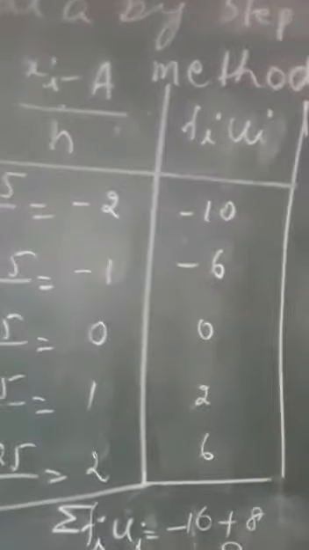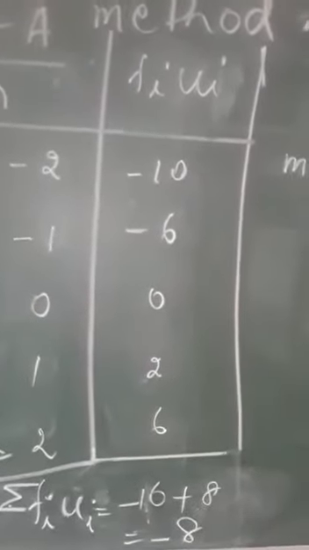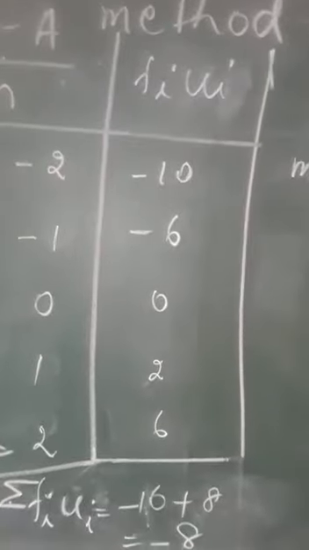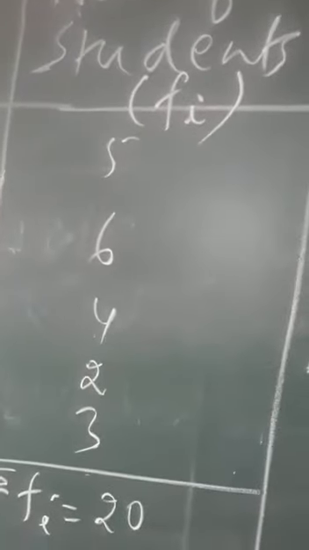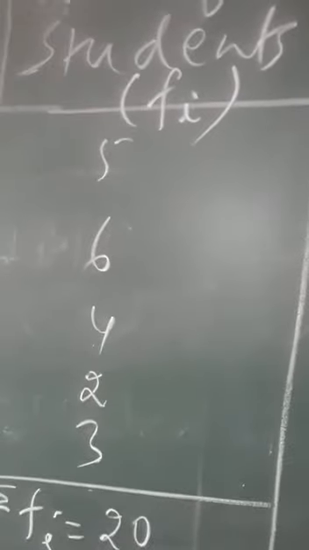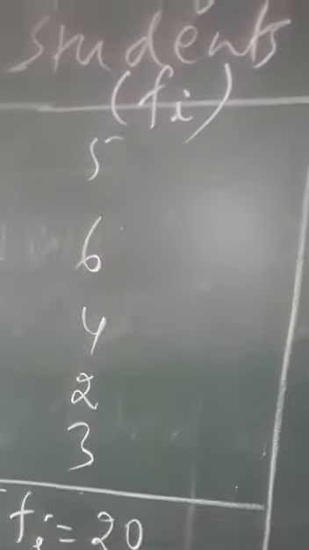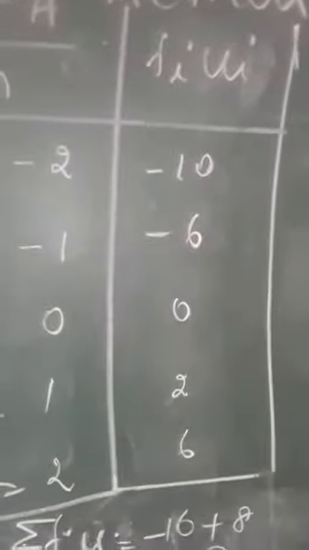Now here we have to find out the product of fi and ui. As we have obtained the product of fi and di earlier, here we have to find out the product of fi and ui. Here the first fi is 5 and here first ui is -2.